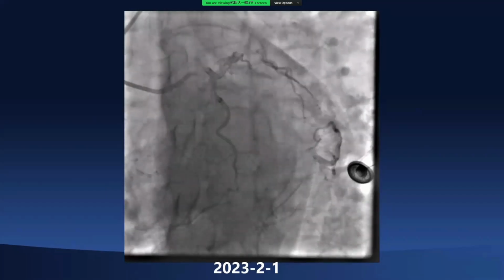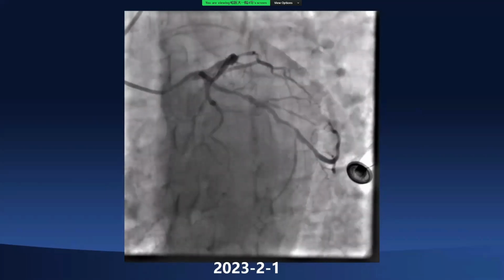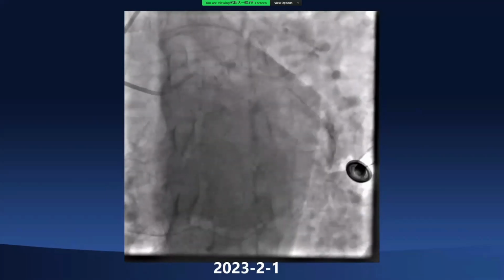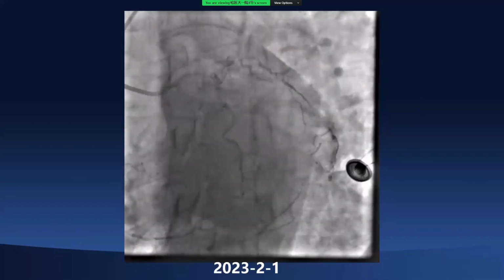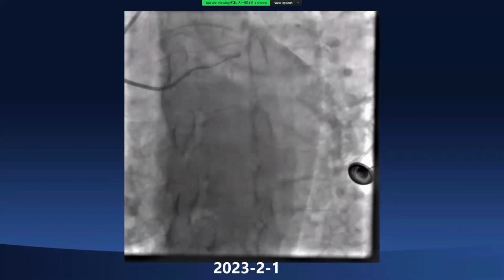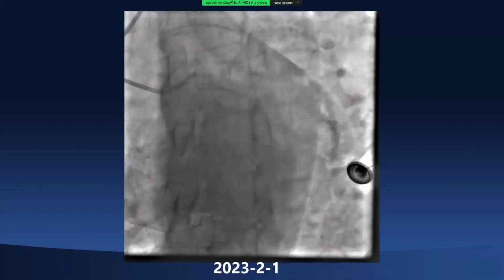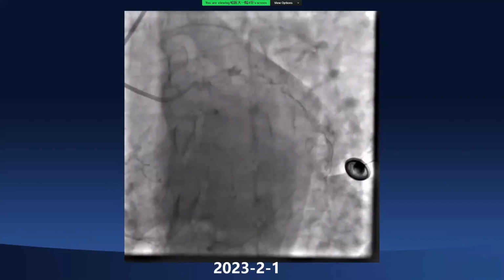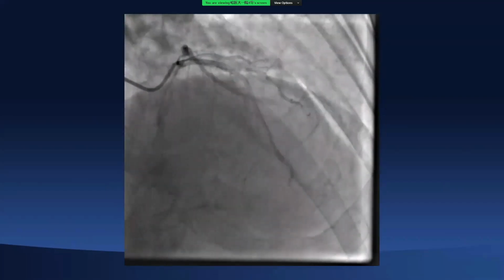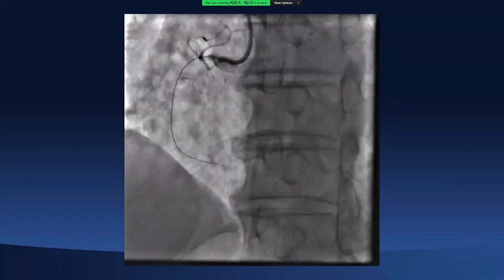About 2 months later, on February 1st, the patient came back for another operation. During the operation, we can see almost 30% to 50% stenosis in the middle of the circumflex. The LAD is normal.